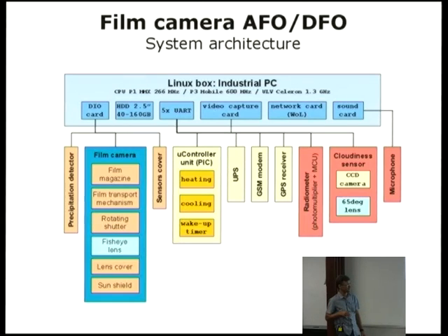So far, it was not much useful for the fireball network, but it was included in the design, and it's actually running in all of these film cameras. So, back to the design. There is quite a lot of mechanical parts. It's taking images on films.